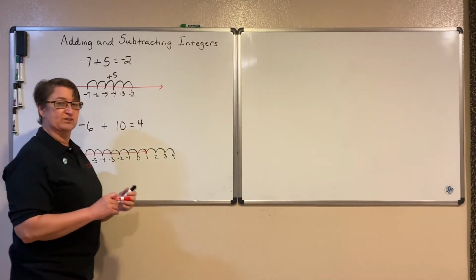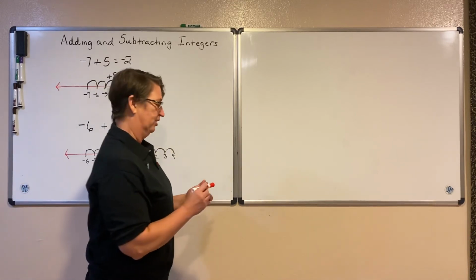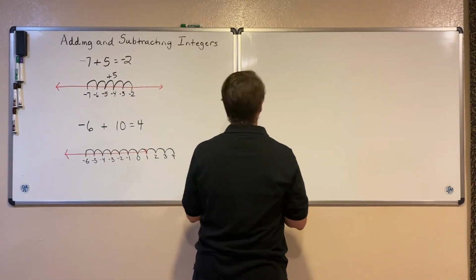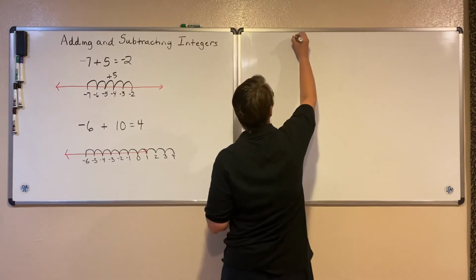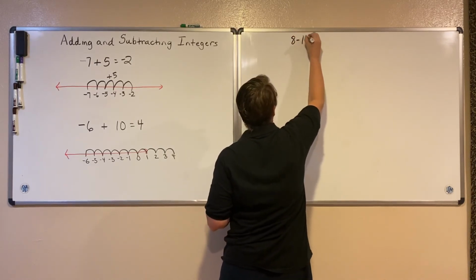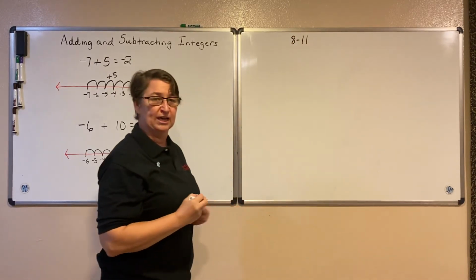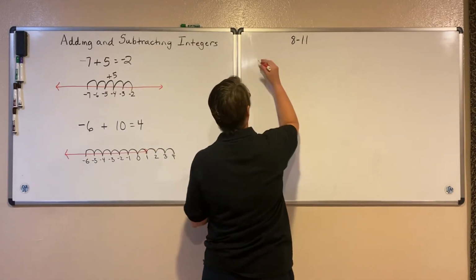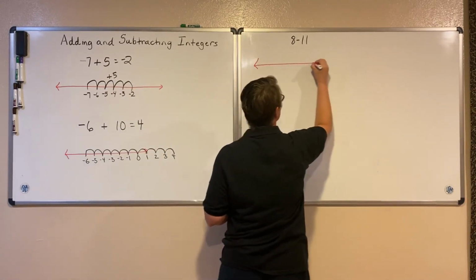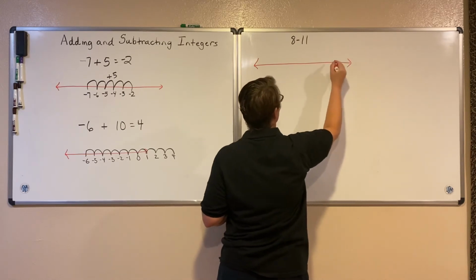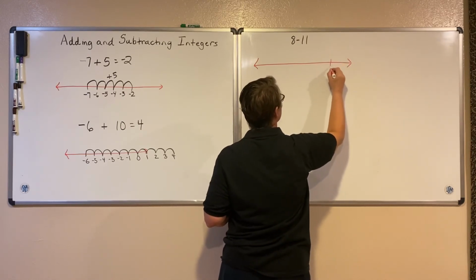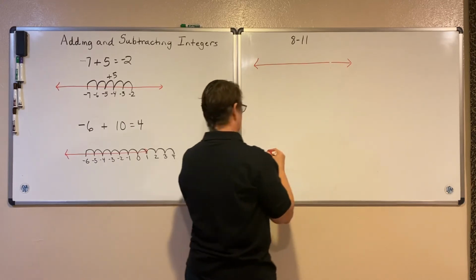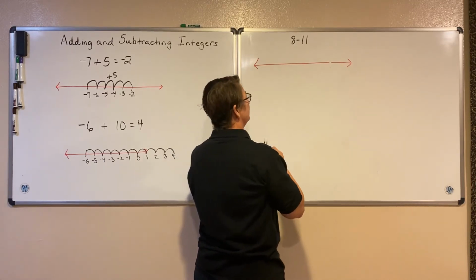Let me do some more examples where their signs are different. This time, I'm going to do the example of 8 minus 11. I'm going to use my number line again. I'm going to do that same idea where I start at my 8. And this time I'm going to go towards negative land.